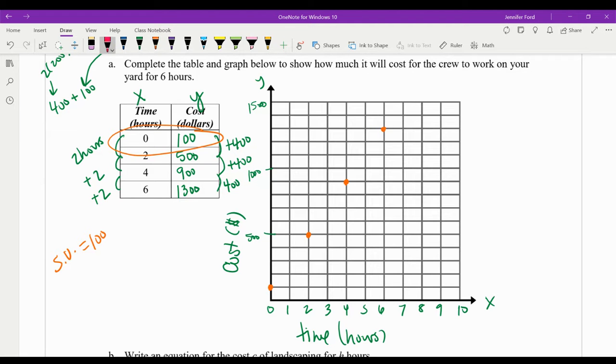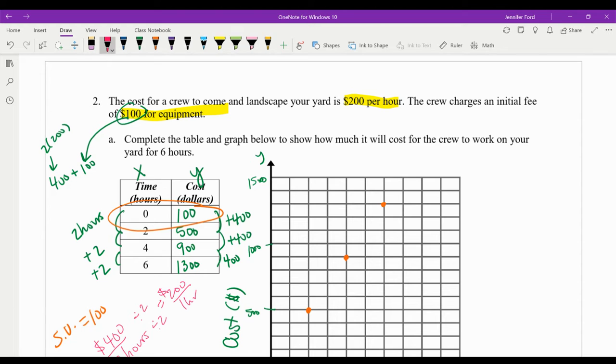If you wanted to, okay, so the rate of change goes up $400 every 2 hours. If you wanted to, you could divide that down to be $200 per 1 hour, which makes sense because that's what they told us in the problem, $200 per hour.